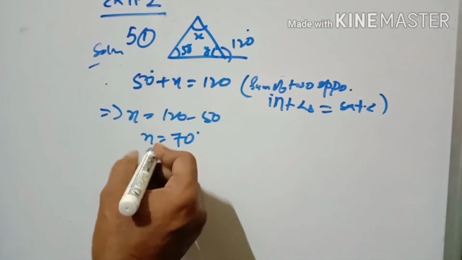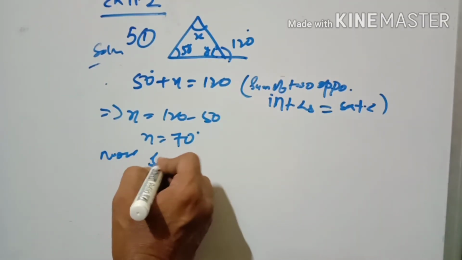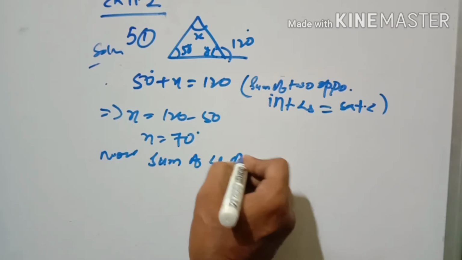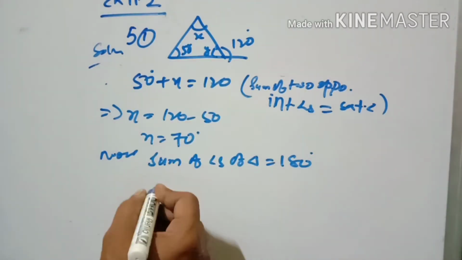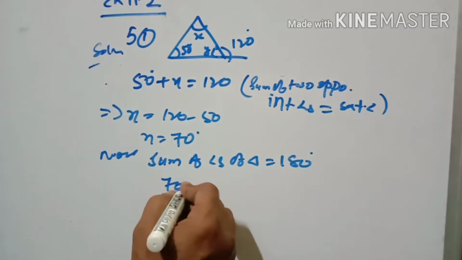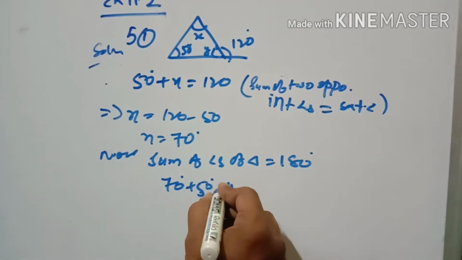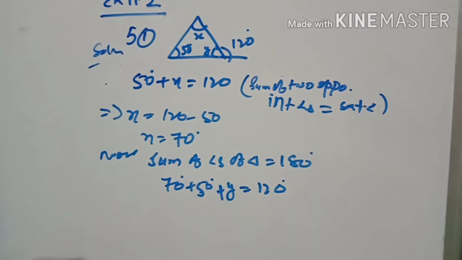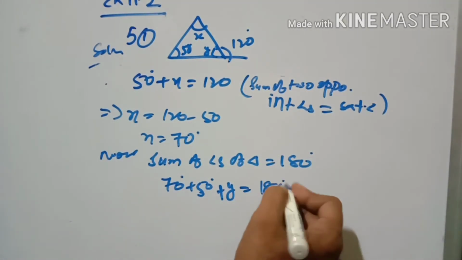Now sum of angles of a triangle equal to 180 degree. So the value of x you put here, 70 degree plus 50 degree plus y equal to 180 degree, because for a triangle we have taken 180 degree.